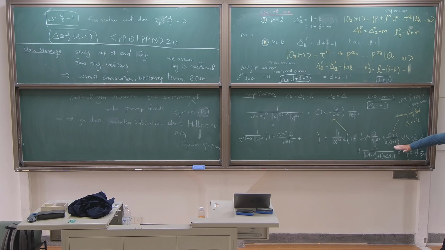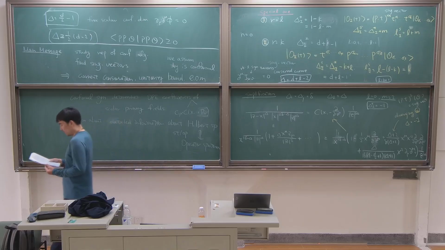And also the same thing here. Even though delta equal to -1 is non-unitary, you can consider such a primary state, but you encounter the singular vector in that case at the second symmetric traceless derivative.